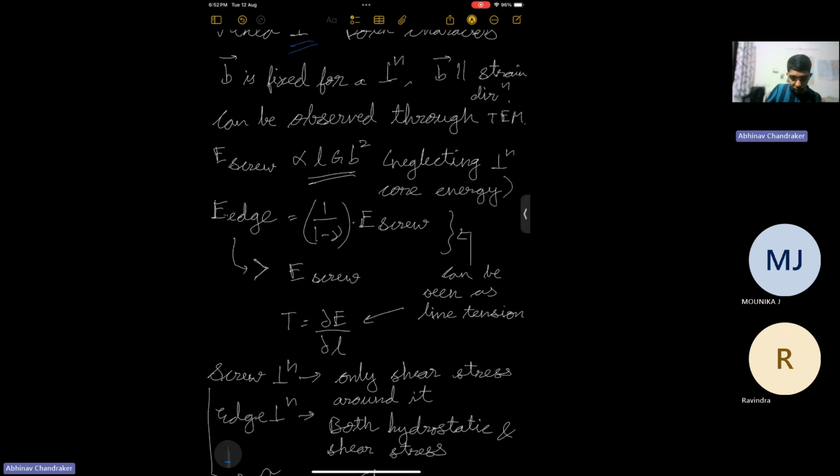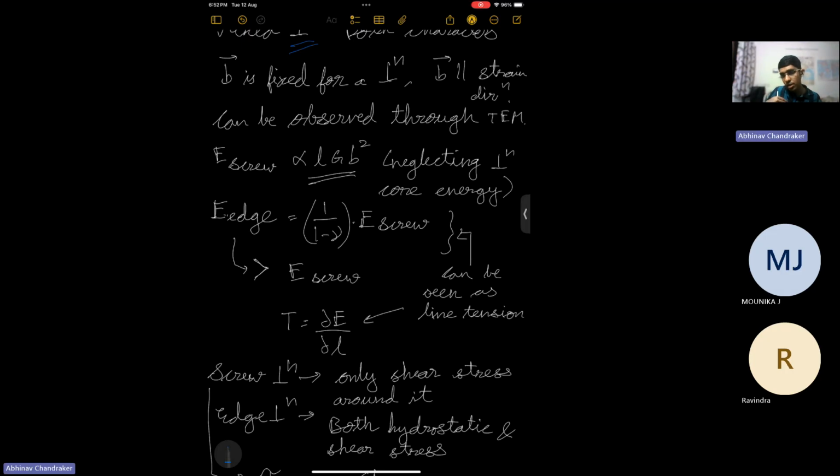Then some more salient points about dislocations. The Burgers vector of a dislocation will always be fixed, no matter what its character is, whether it is edge somewhere, screw somewhere else. It will always be fixed even for a loop. And the Burgers vector basically, as I told earlier, tells what is the direction of the movement of the dislocation.